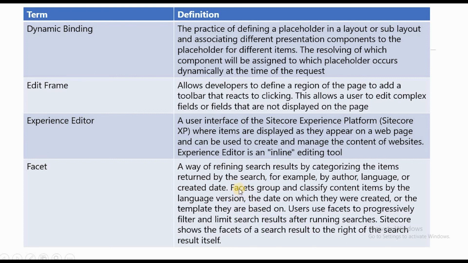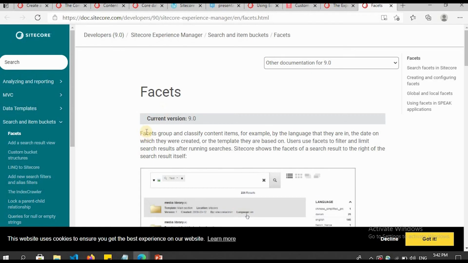And what does the Sitecore site say about facets? Sitecore says facets group and classify content items, for example, by the language they are in, the date on which they are created, or the template they are based on. Users use the facets to filter and limit search results after running the searches.